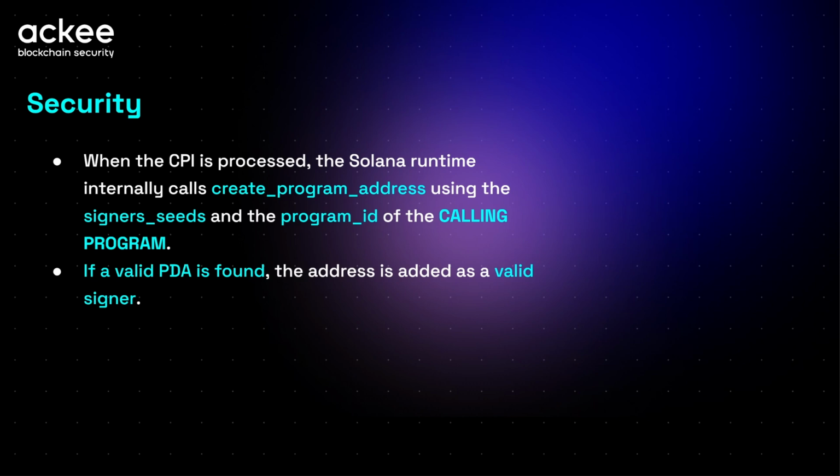And this everything will be done on behalf of the PDA, or the program-derived address, because the PDA is authority over the vault, and as the program ID is automatically included by the runtime, that means only your program can transfer funds out, because every other program would result in different PDA, as the program ID would be different. The important word here is the determinism, so hopefully this was understandable.